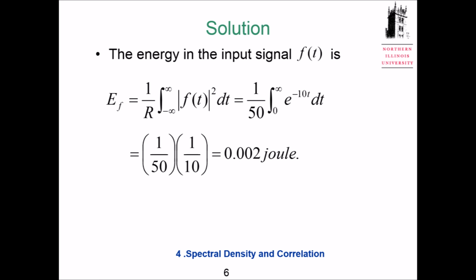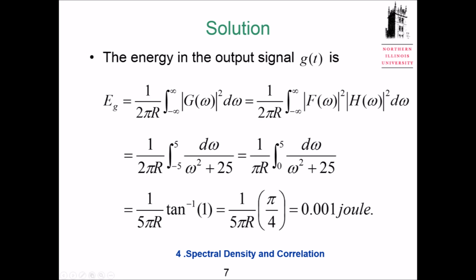Now, okay, let's go through this one. G(ω) absolute value squared is F times H, right? No problem. F(ω) magnitude squared is this one. Any problem with this one?